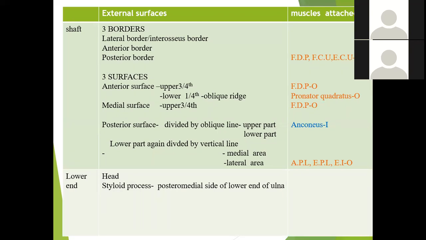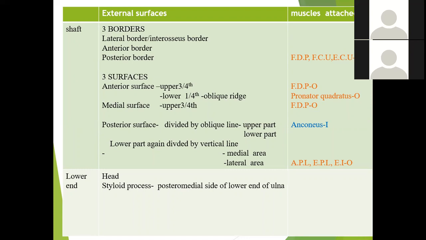In the lower 1/4, we can see one ridge called the oblique ridge. We talk about these parts because the muscles are attached separately in the upper part and the lower part.